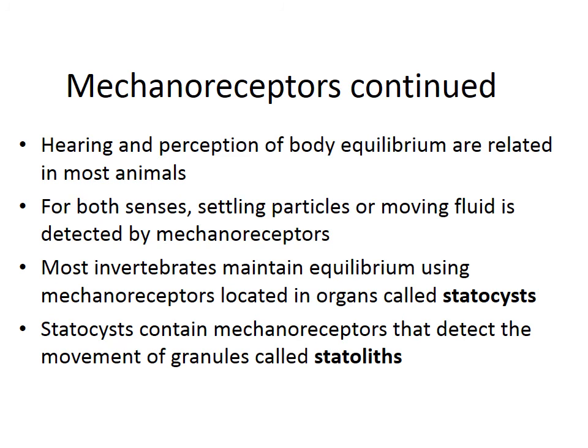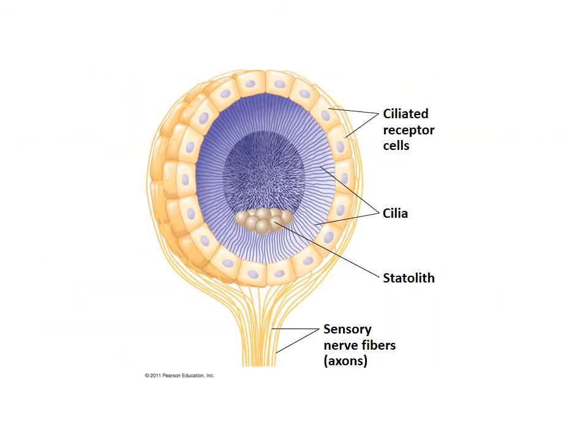Hearing and perception of body equilibrium are related in most animals. For both senses, settling particles or moving fluid is detected by mechanoreceptors. Most invertebrates maintain equilibrium using mechanoreceptors located in organs called statocysts. Statocysts contain mechanoreceptors that detect the movement of granules called statoliths. Let's look at them. Here we have a statocyst with statoliths.